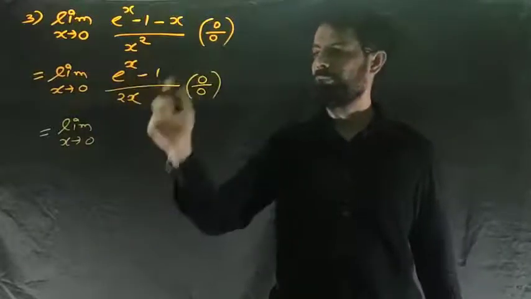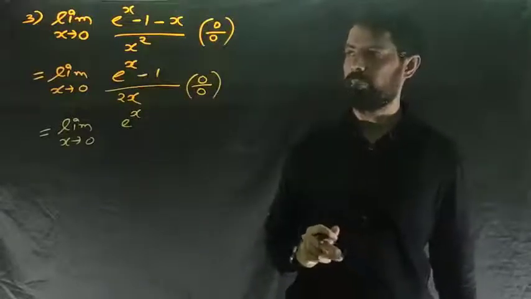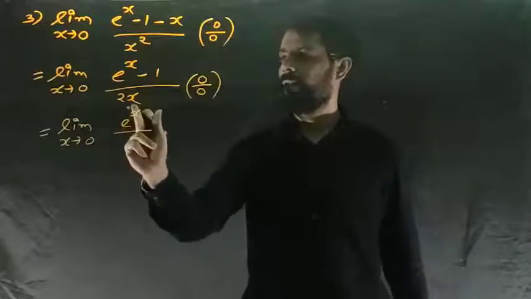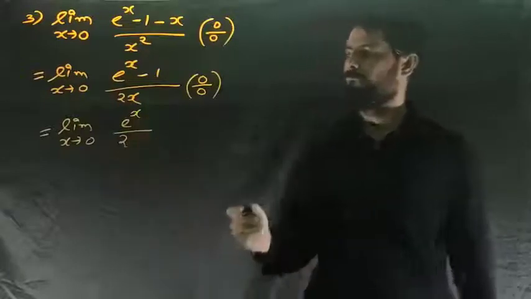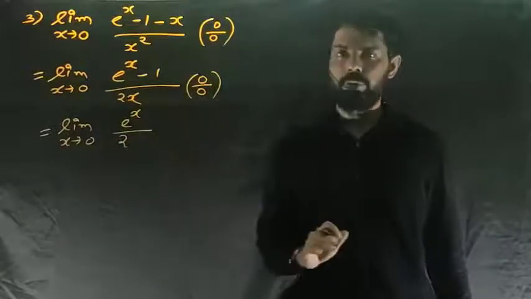The derivative of e raised to x is e raised to x, and the derivative of the constant term is 0, divided by the derivative of 2x, which is 2 into 1, so it will be 2. Now we have eliminated this 0 by 0 form.